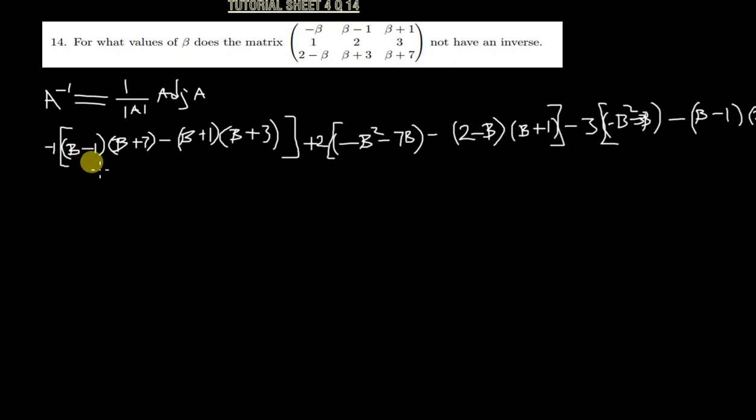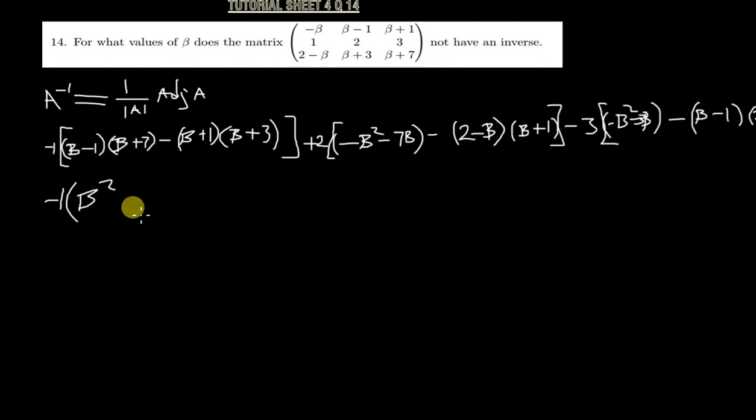So this now is going to be, I'll write my negative 1 there outside, and then open brackets. This is going to be beta times beta, you get beta squared, and then beta times 7 you get 7 beta, and then beta times negative 1 you get negative beta.